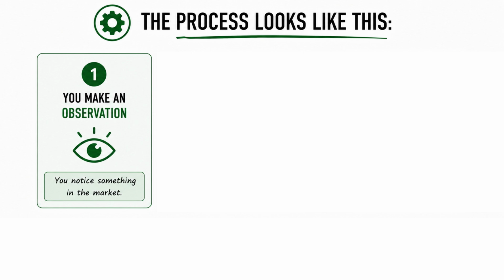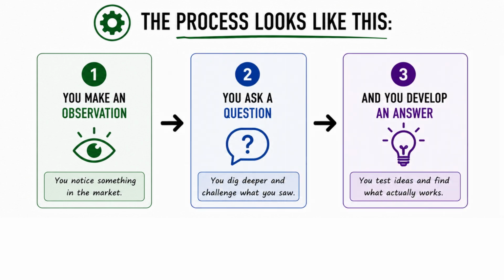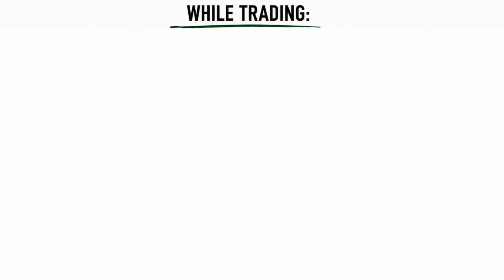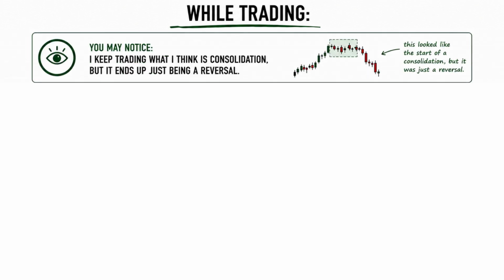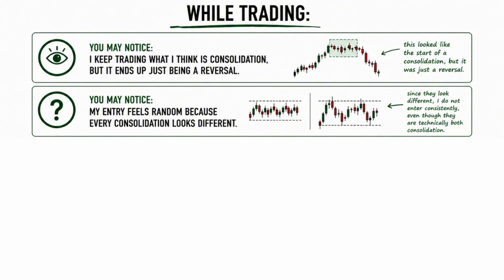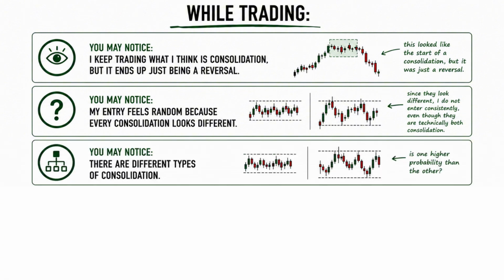The process looks like this: you make an observation, you ask a question, and you develop an answer. For example, while trading, you may notice I keep trading what I think is consolidation, but it ends up just being a reversal. You may notice my entries feel random because every consolidation looks different. You may notice there are different types of consolidation.